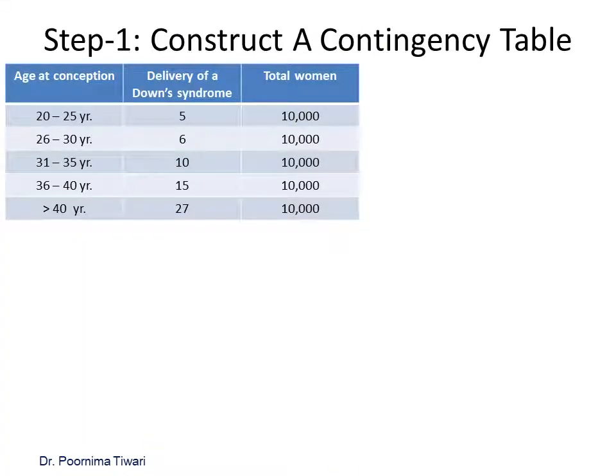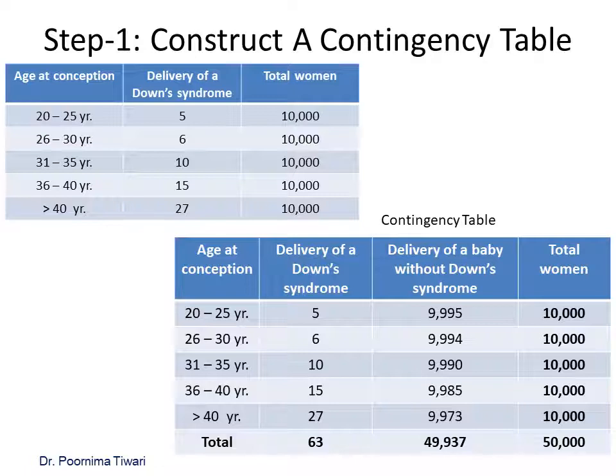The first step is to construct a contingency table. This is the given data: the age groups, total number of women in each age group, and number of babies born with Down syndrome. 5 in the 20 to 25 age group, 6 in the 26 to 30 year age group, and so on.